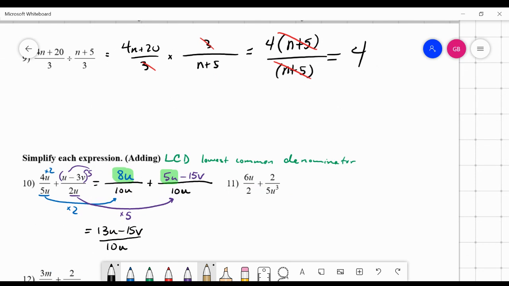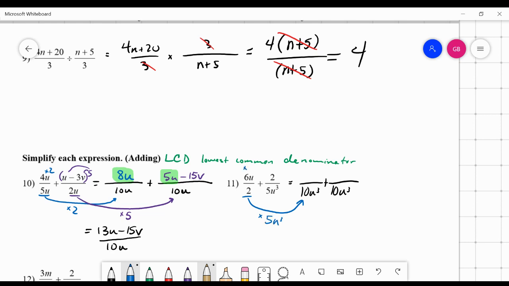Okay, next, simplify each expression. So by adding, okay, so the LCD of 2 and 5u to the third power is going to be 10u to the third power. So to get from 2 to 10u to the third power, you multiply by 5u to the third power.